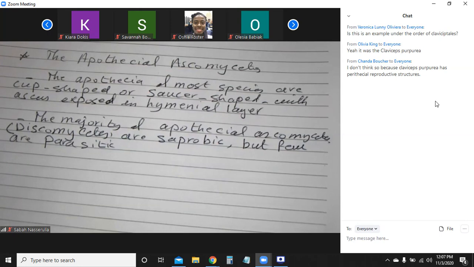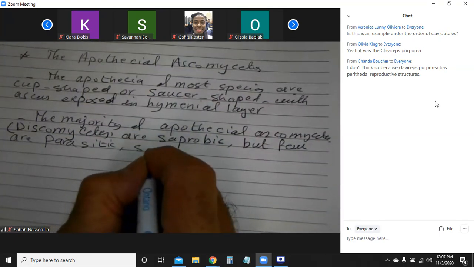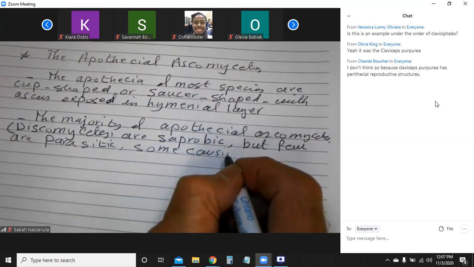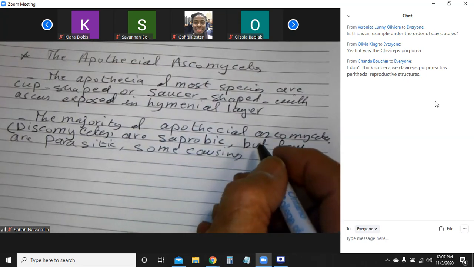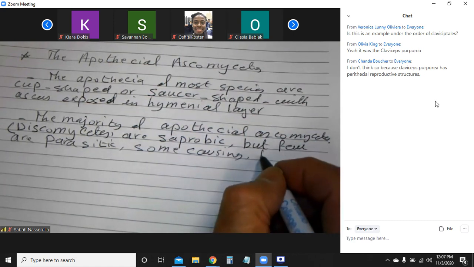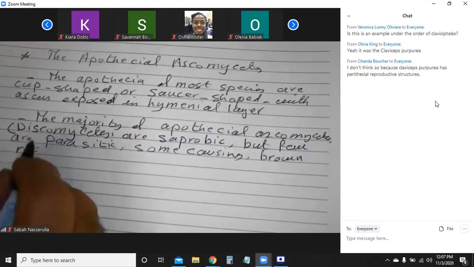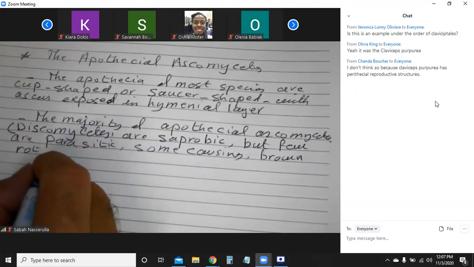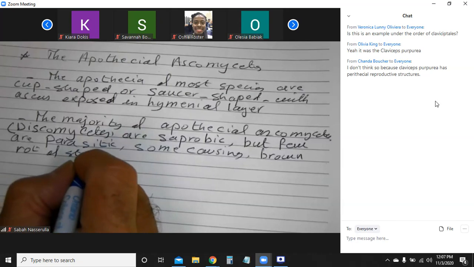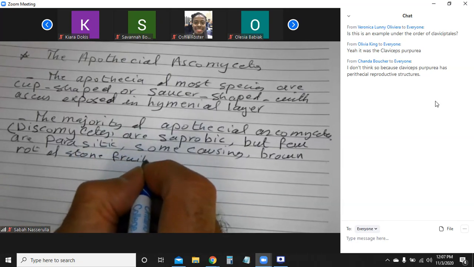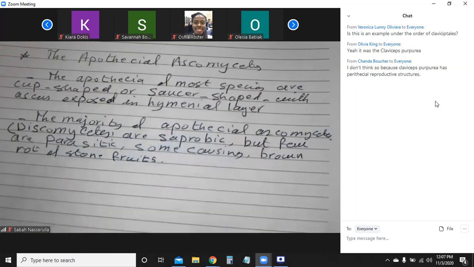Some of these parasitic ones cause a disease known as brown rot of stone fruits. The stone fruits are basically like the pears and others.